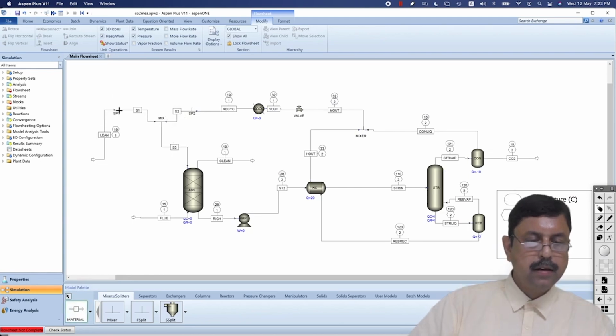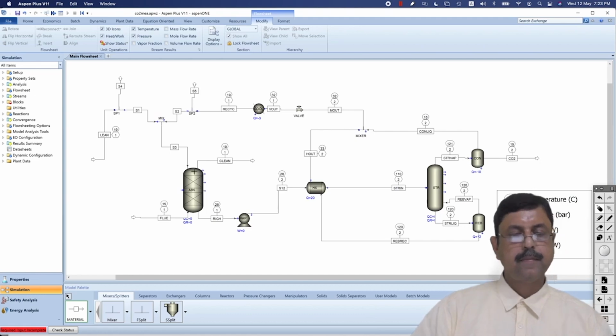and then one output will be in this one, and here the output will be like this.